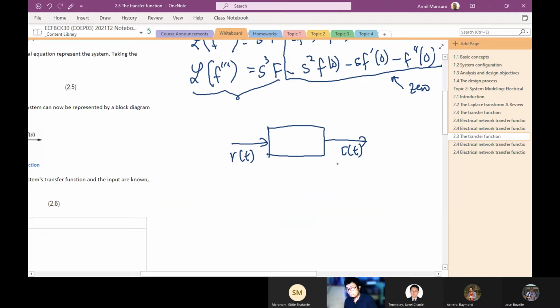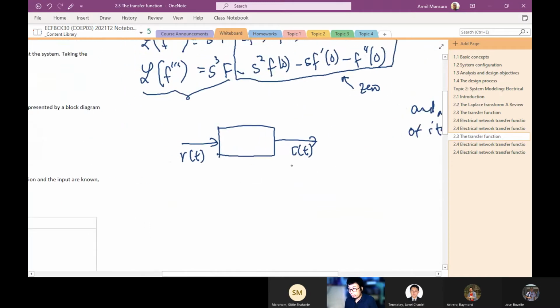Okay. Again, itong t na to are independent variables of those functions. Ibig sabihin that your R depends on time, as well as your C depends on time. Okay, so I can simply write R of t as R, and C of t as C. Okay, pero knowing that this is R and this is C, lowercase c ito, this actually is designated in functional form as C of t.